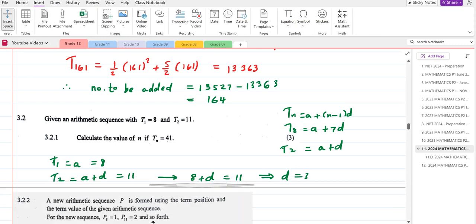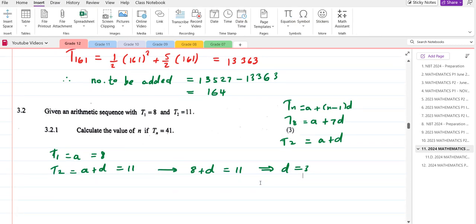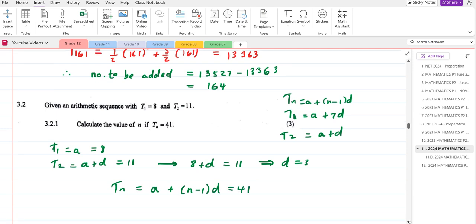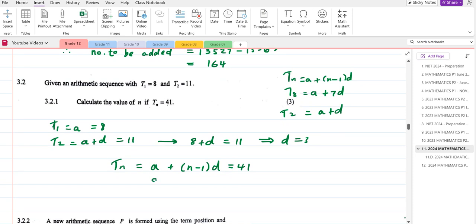Now we want to calculate n if Tn is equal to 41. So Tn is equal to a plus n minus 1 d is equal to 41. Right, so it's only 3 marks, simple. So a is 8 plus n minus 1 times d, which is 3, which is equal to 41. Take 41 minus 8 divided by 3, then add 1.